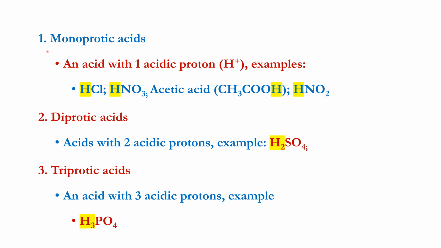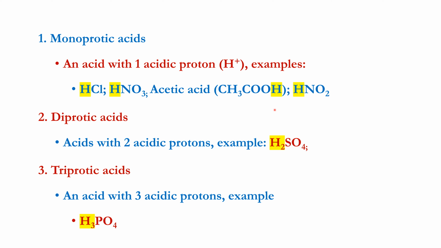Examples are HCl. This is the acidic proton. Another example is HNO3. This is the acidic proton. Another example is acetic acid. This is the acidic proton. And for HNO2, this is the acidic proton.